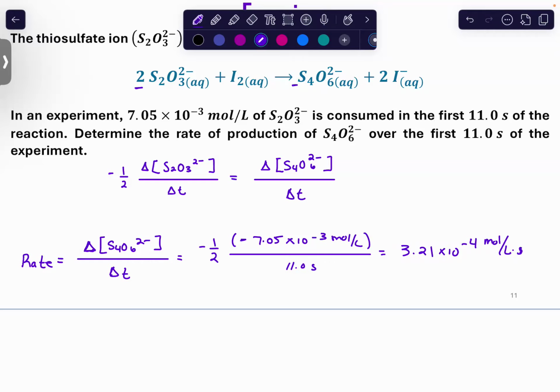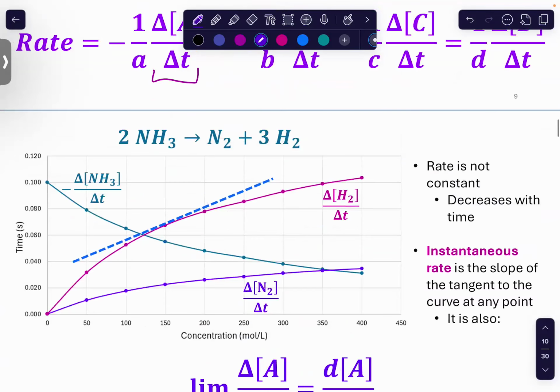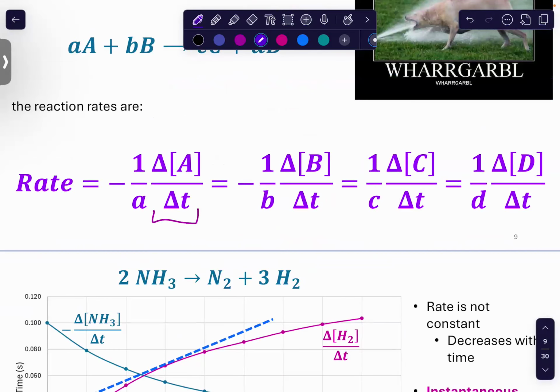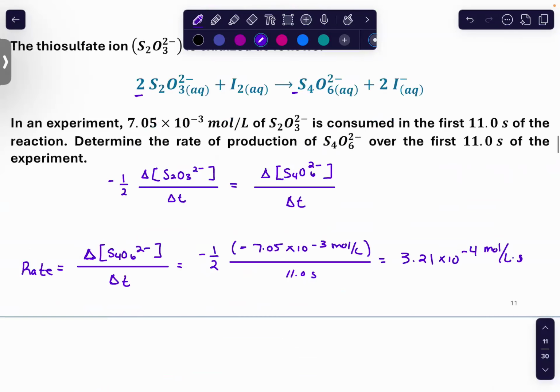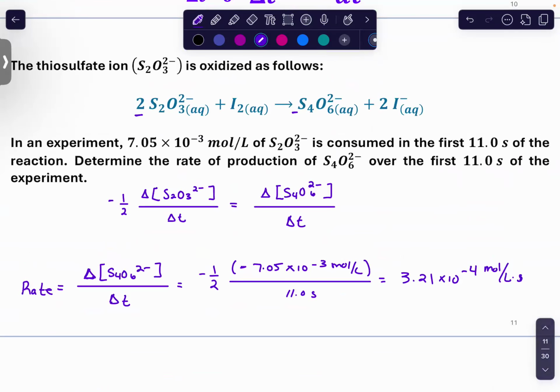You get that setup. Again, you're relating everything through this. The thiosulfate has the 2 coefficient. This one has a 1. That's why I get the 1/2 here, and I get no fraction there. If I was to put a fraction there, it'd be 1/1.